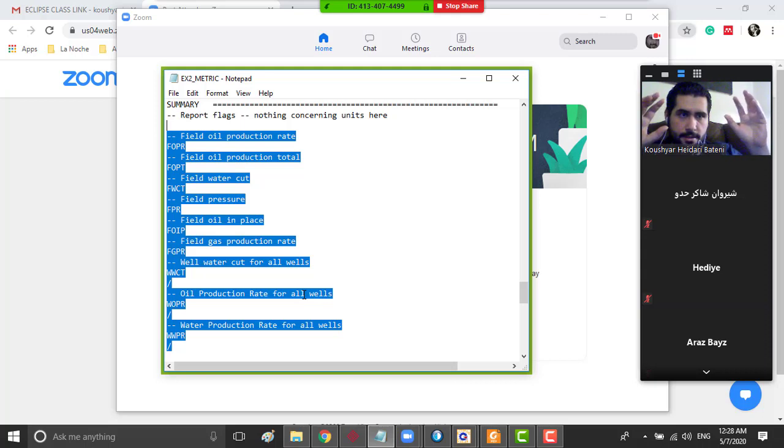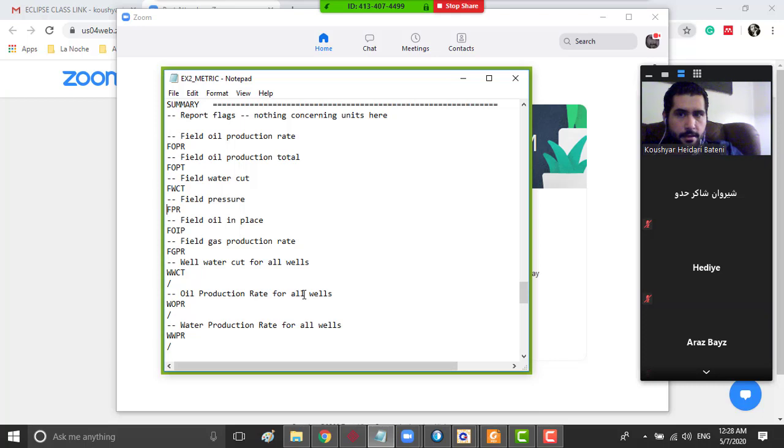Some keywords starting with F, which were field keywords. Some keywords starting with W, which were well keywords, and gave you the result of the reservoir simulation in various ways.